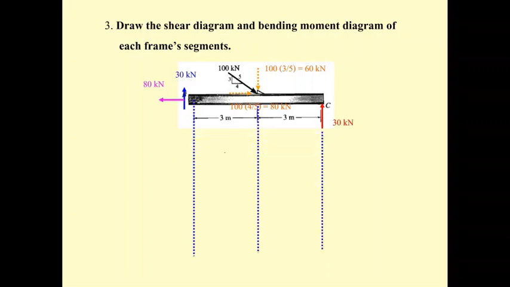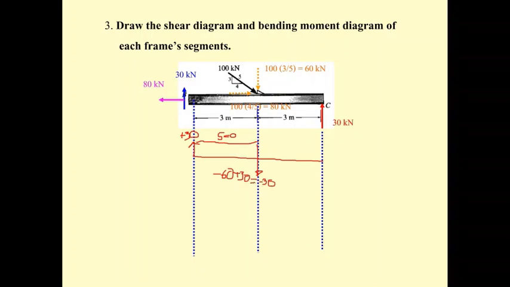For the beam BC, we may have this one as the horizontal, and you may have this plus 30. Then there's no uniform load here, so the shear here is going to be 0. When you arrive here, you get the 60 downward, so it's minus 60 plus 30, and you get the result of minus 30.